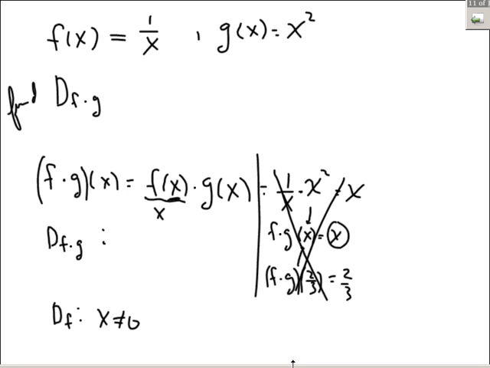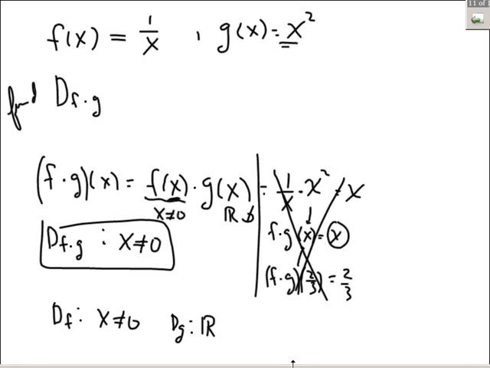Now, the domain of g is all real numbers. You can square any number. That is, we're removing nothing. So the domain is just x is not 0. That is your answer.